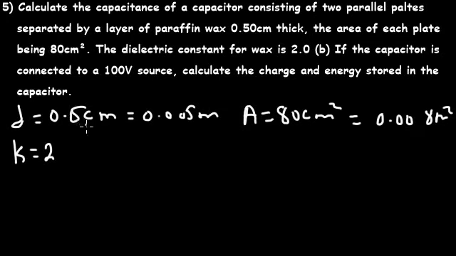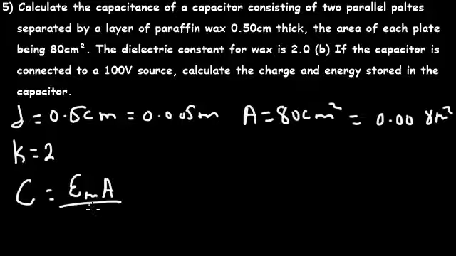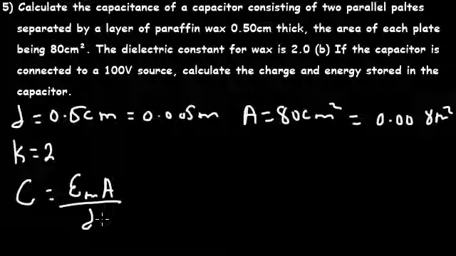Now we can proceed to determine the charge and the energy stored. But before we could determine the charge, we would need the capacitance itself. So C is simply epsilon of the material multiplied by the area of the plate, then divided by the separation distance. The epsilon sub m we are talking about is the permittivity of the wax.